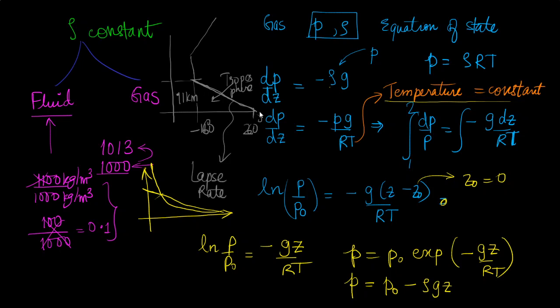The slope of the temperature curve is called the lapse rate. So temperature goes from T naught at the surface minus beta times z. So the question will be to account for this temperature variation and find out the actual pressure distribution up to the edge of the atmosphere and so on.